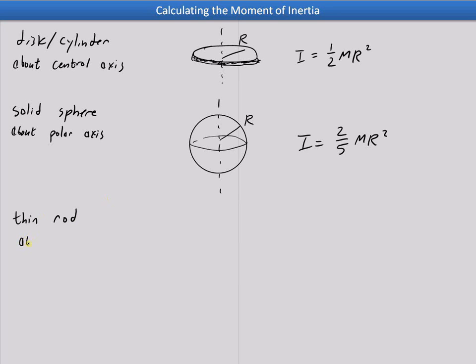Here we have a thin rod about one end. We just did this example, but we'll include it here for completeness. So this one, we're sure, since we calculated it, that the moment of inertia is 1/3 ML squared. And the last one that we will do is the thin rod about the center.